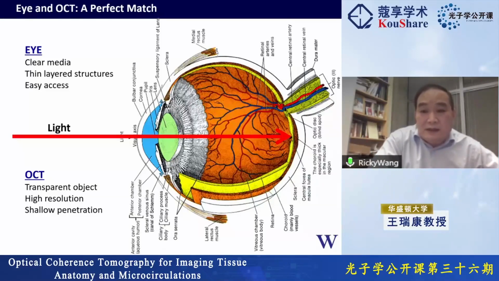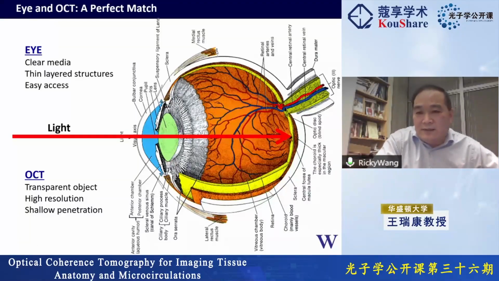In fact, OCT has its most important applications in ophthalmology, for ocular imaging. Our eye is transparent, so you can push the light to the back of the eye to reach the retina, and then you can image the retina. We know that the retina has very thin layers.